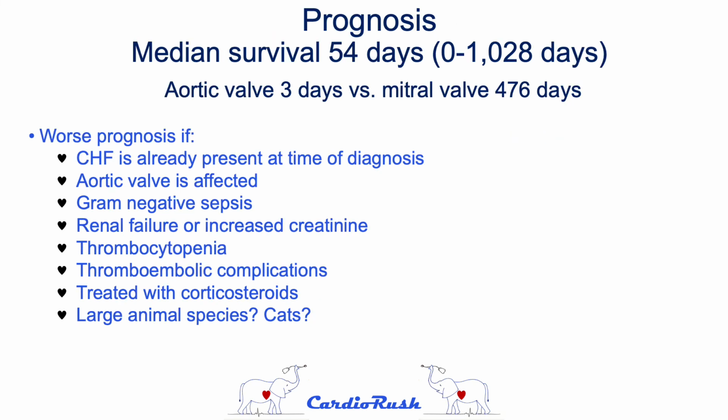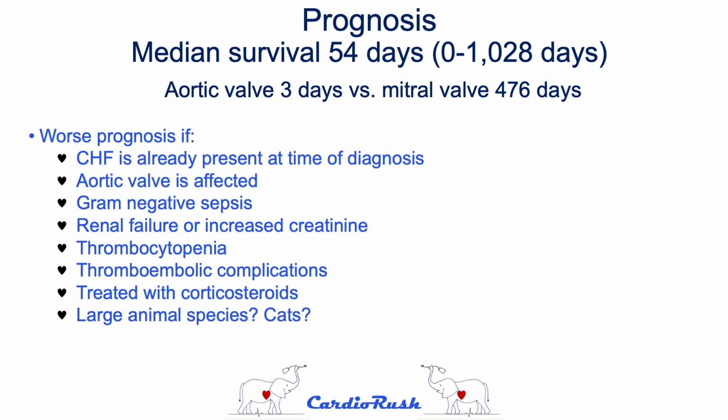The prognosis for bacterial endocarditis is not especially good, although if the disease can be caught early and the valve destruction is not extensive, the prognosis is probably better. One study identified a median survival of only about 50 days, although some dogs lived a very long time. Animals with aortic valve endocarditis lived shorter than dogs with mitral valve endocarditis.